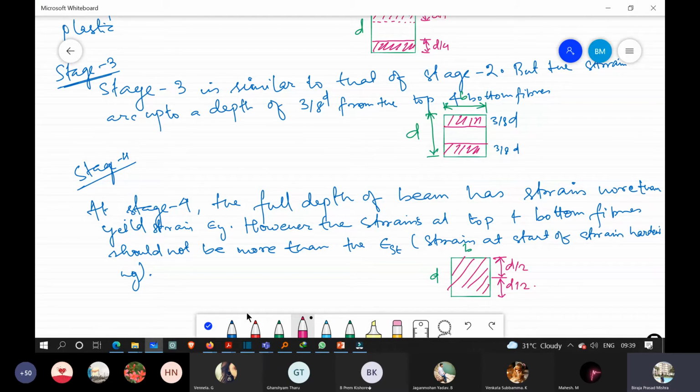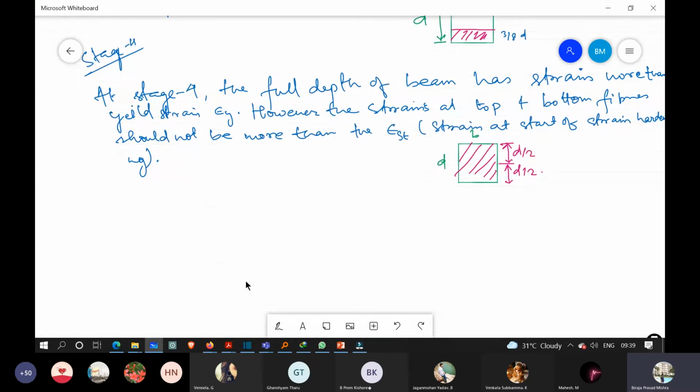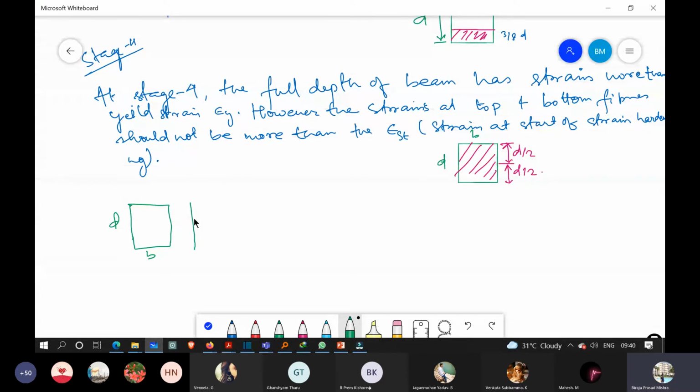Okay, so let us summarize this whole stage. First one is the beam. This is the beam, this is B, this is D. At stage 1, literally nothing is there. Till epsilon y, the yield strain, nothing is there.